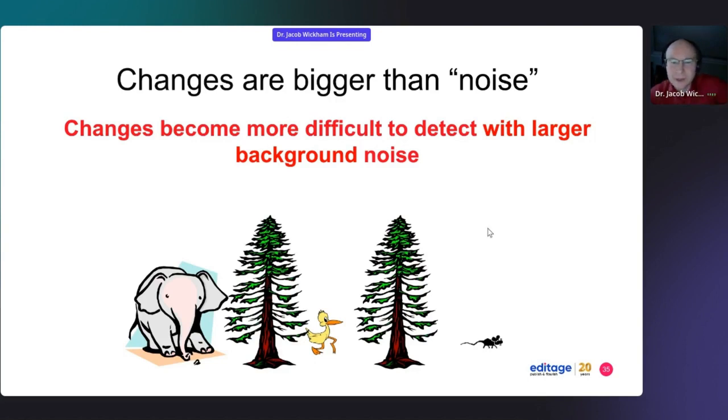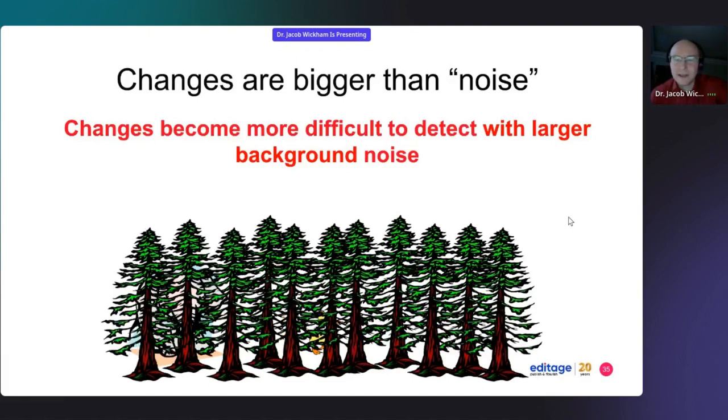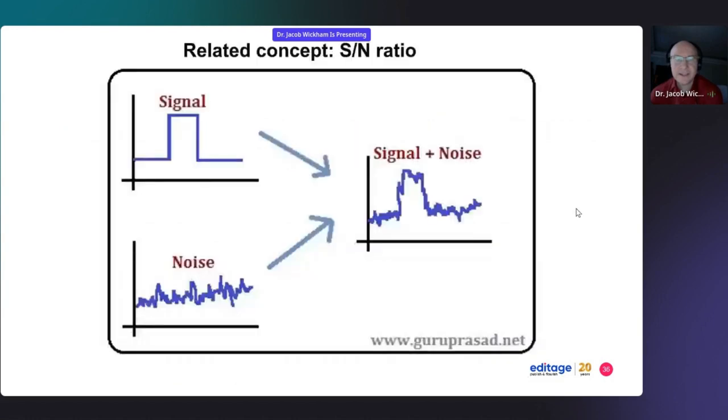If you have a small effect size or even a medium-sized one, it'll be hard to distinguish the differences. But with the large effect size, that elephant there, you'll be able to distinguish the difference between 2 means.